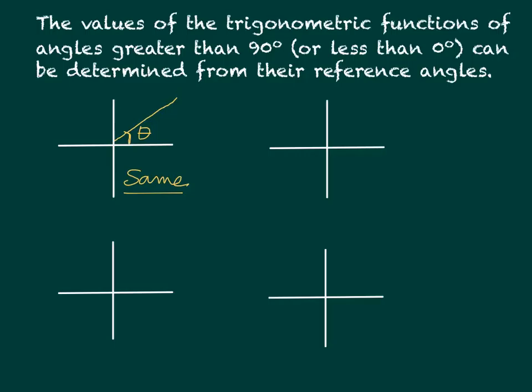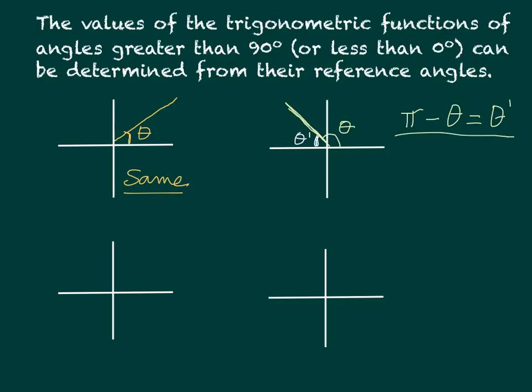All right, the next one, if we have an angle right there, and this is the angle theta, that is clearly more than 90 degrees. So I'm going to generalize it with a theta prime, which is going to be my reference angle. To find that reference angle, I'm going to take pi, and I'm going to subtract off whatever my theta is, and that's going to give me my theta prime.